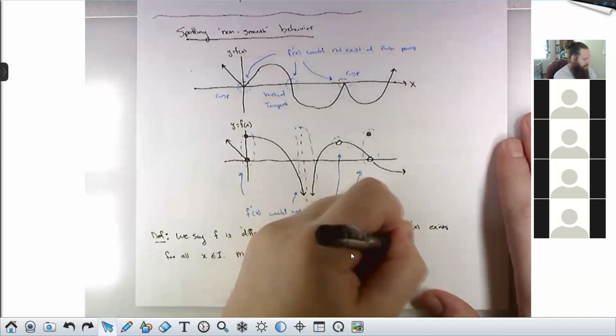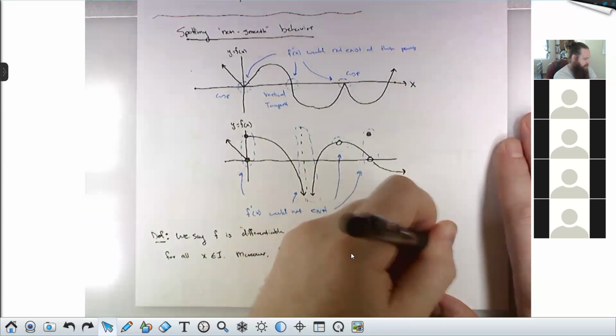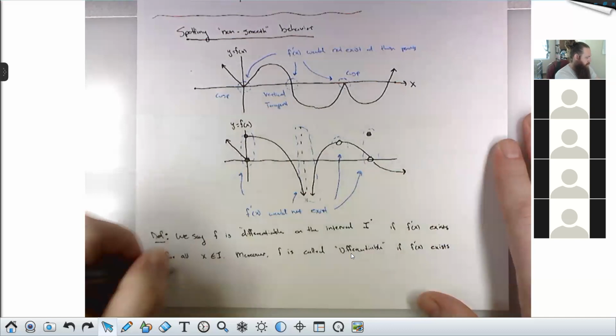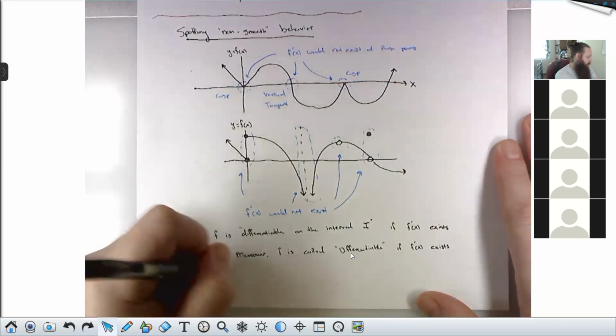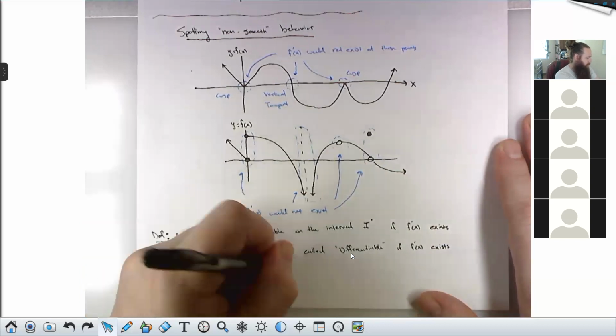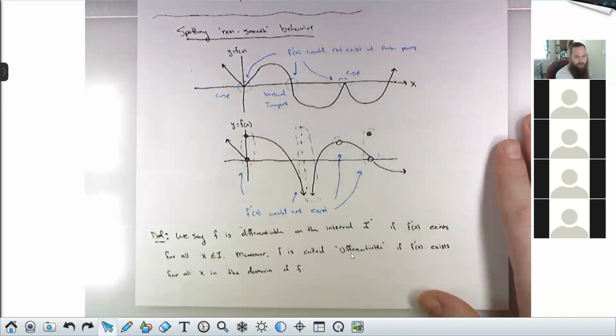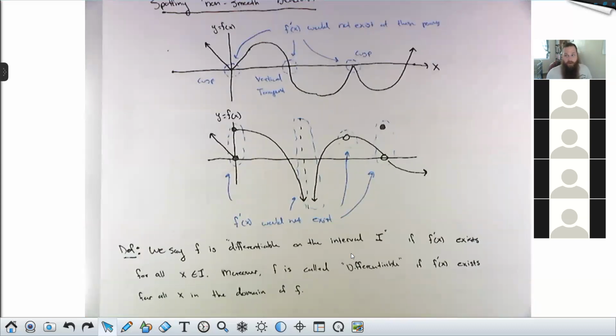differentiable if f prime of x exists for all x in the domain of the original function f. So when somebody says this function is differentiable, without any qualifiers like at 3 or on the interval, blah, blah, blah, if they just say f is differentiable, they mean everywhere in the domain.